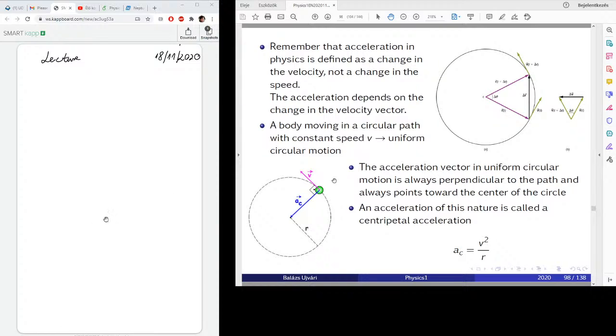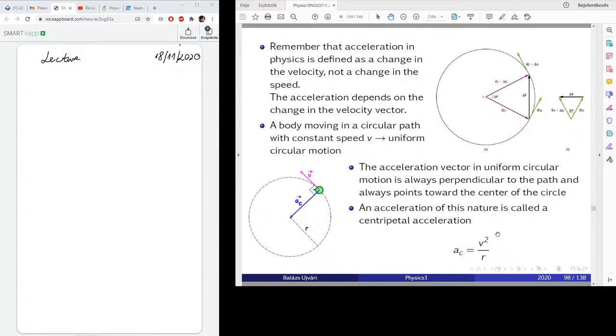If we calculate it, for a constant circular motion with uniform speed and uniform angular velocity, there will be a so-called centripetal acceleration. This is the acceleration we need to keep a body on a radius r with the speed v.